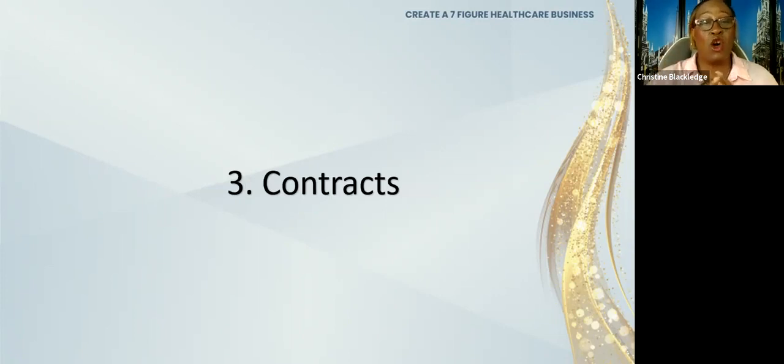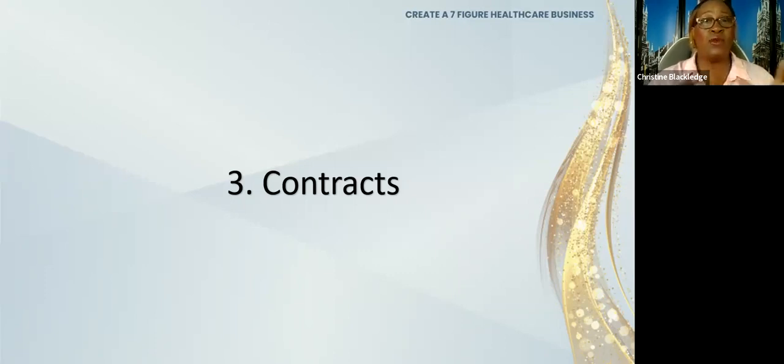Number three, you're going to need contracts. Like I said, what type of contracts are you going to have? NHS, private sector, for example, like I mentioned previously at the beginning of this presentation. So you need to have that on your spreadsheet.